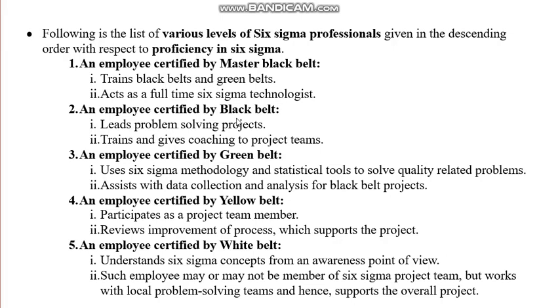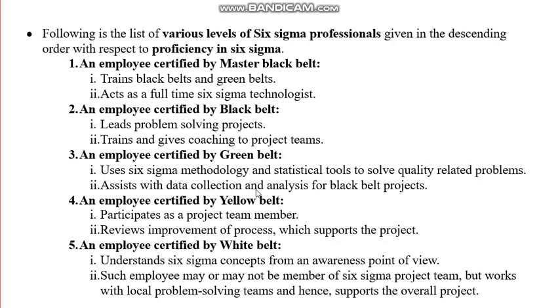Okay, the second one is black belt. These black belt people are the leaders of the projects which are solving the problems. They also give training and coaching to the teams. So these are the people who are leading the projects in the companies. Whereas green belts use Six Sigma methodology and statistical tools for solving quality related problems.